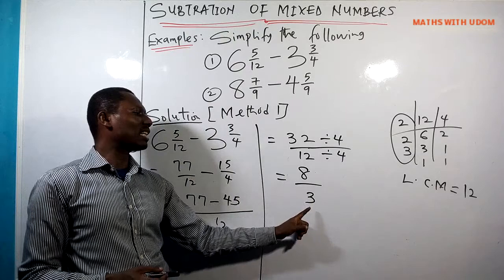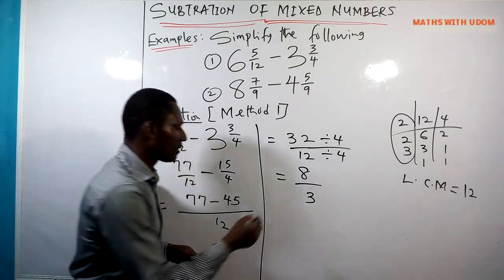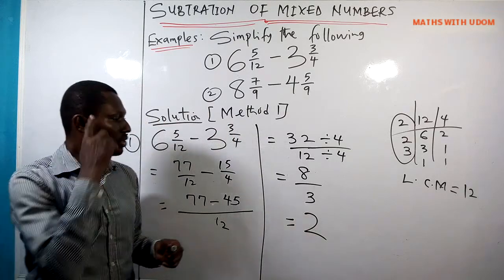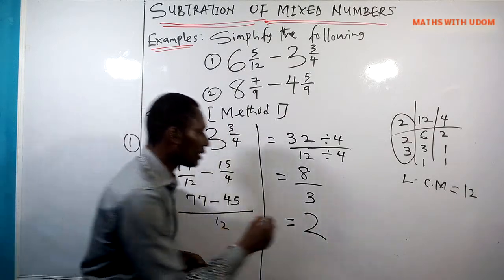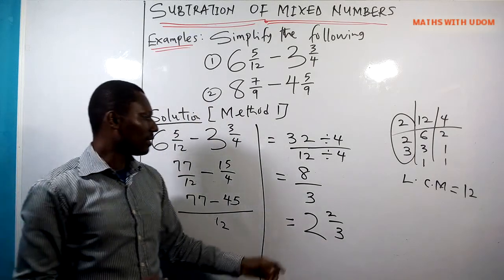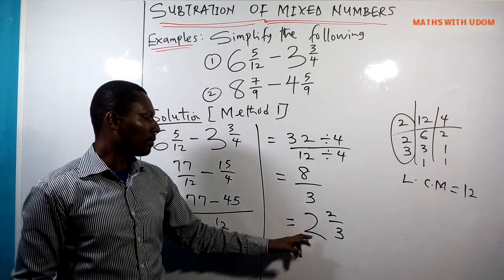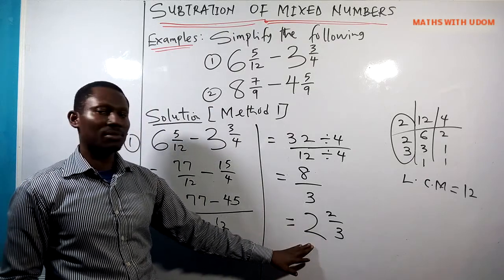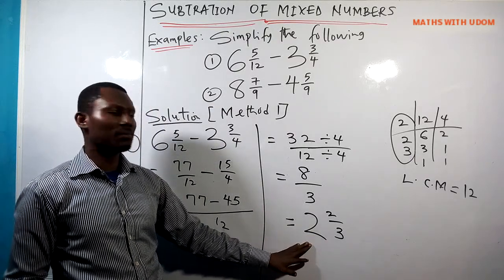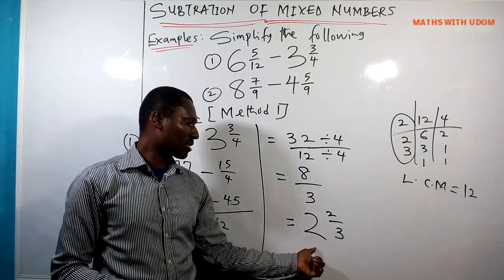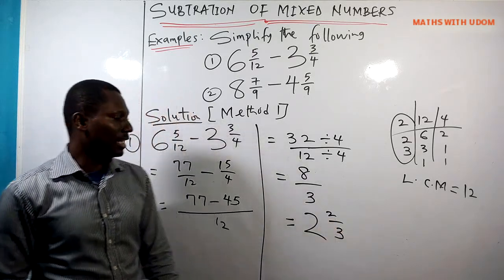So how many times can 3 go in 8? 2 times, because 3 times 2 is 6, remainder 2. So 2 over 3. This is our answer. If you want to confirm, 3 times 2 is 6, plus 2 is 8 over 3.